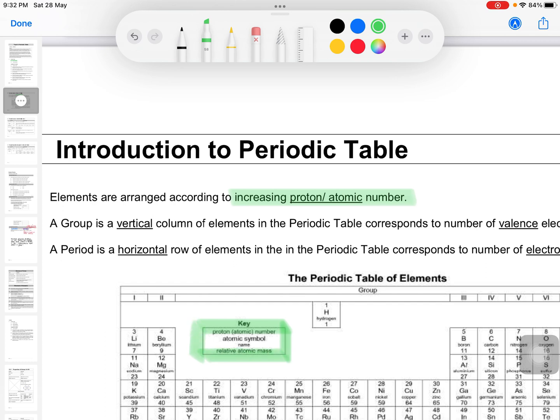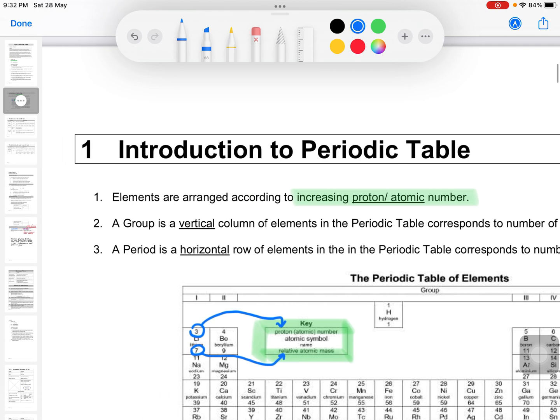In this key, it is stated that the top number is the proton or atomic number. The bottom number is the relative atomic mass.